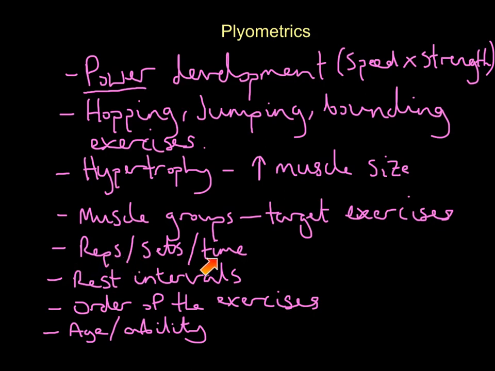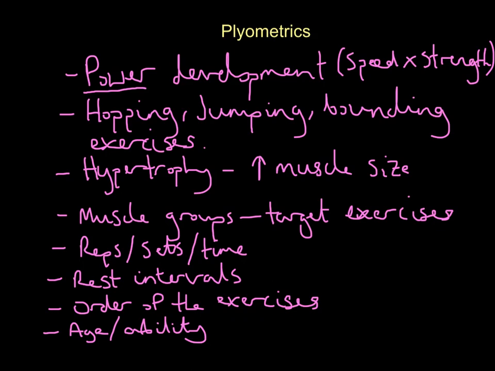You do it on reps, sets and time. I've seen people say, I want you to do 10 bunny hops, but I've also seen, I want you to bunny hop for 10 seconds or 20 seconds or something like that. So you can set the exercises up as you see fit. You're then going to give them rest intervals in between, like you do on circuit training and weight training. You can then order the exercises how you want to do it.